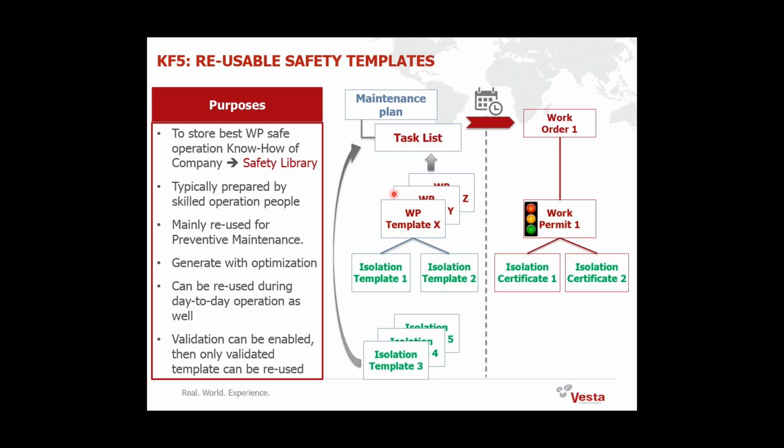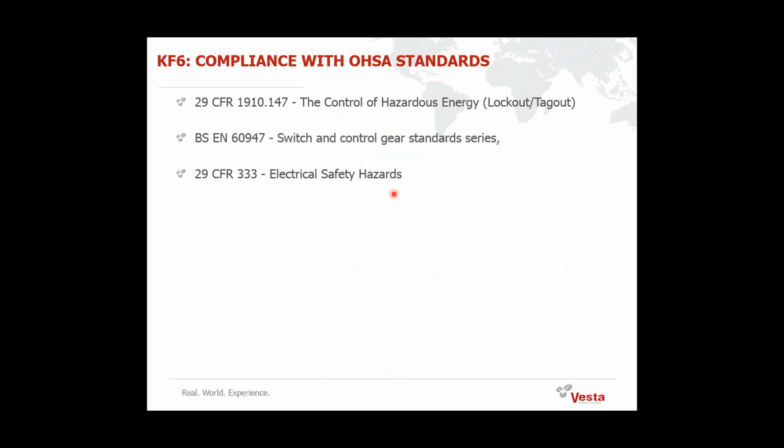Especially for preventive maintenance, it's really good to have templates in place so that the system can automatically create certificates for you. You can generate it with optimization, and when you generate it, you can always change it. It can be reused during day-to-day operations. Validation can be enabled so that only validated templates can be used in the process. And the last one is that it is in compliance with all kinds of OSHA standards.